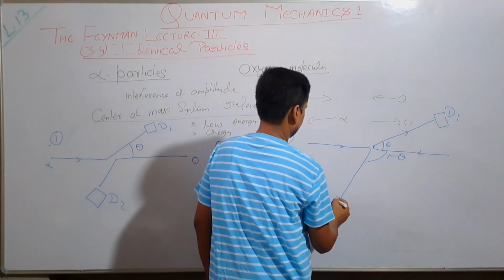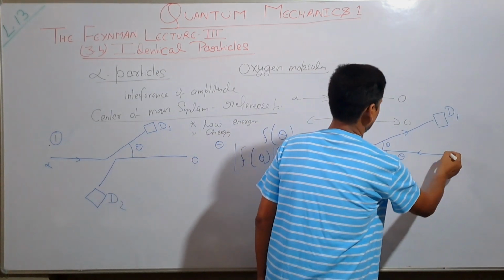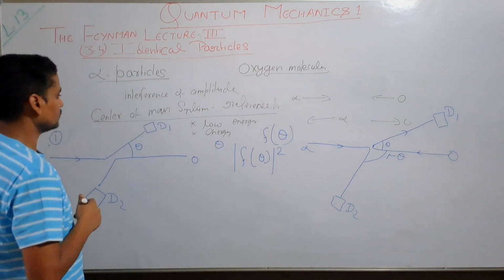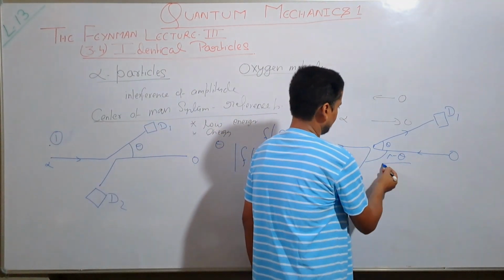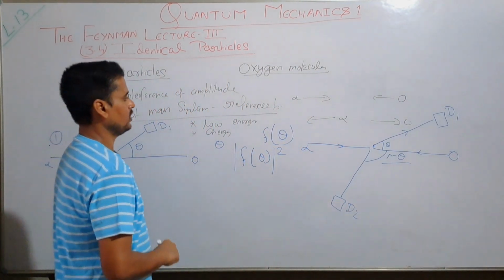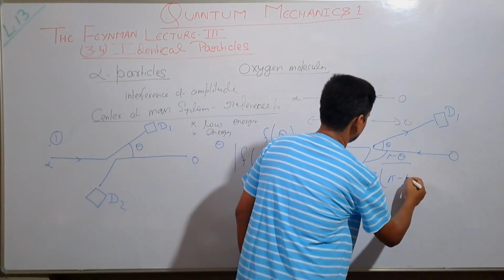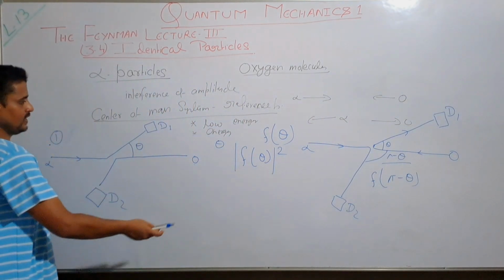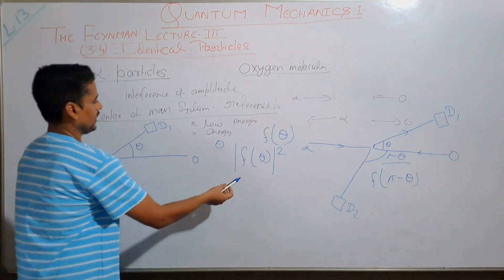D1, D2, this is the alpha particle, this is the oxygen molecule, and in this one the angle between these two is pi minus theta. In that case, what will be the amplitude? Simply f pi minus theta.